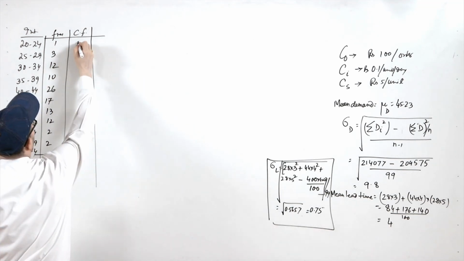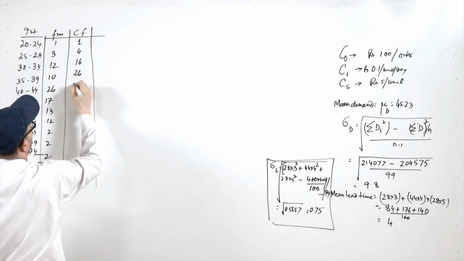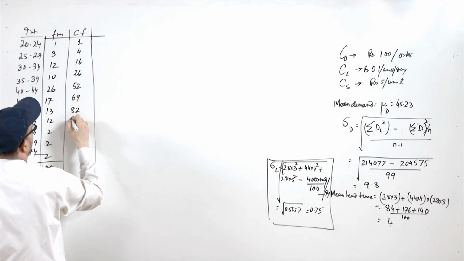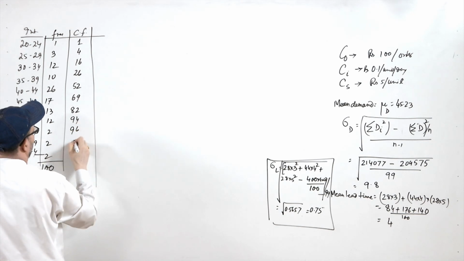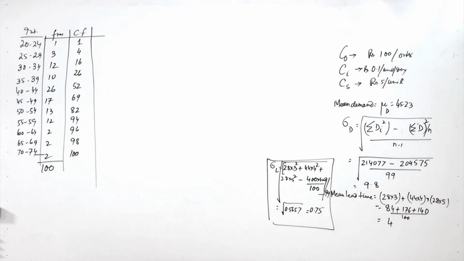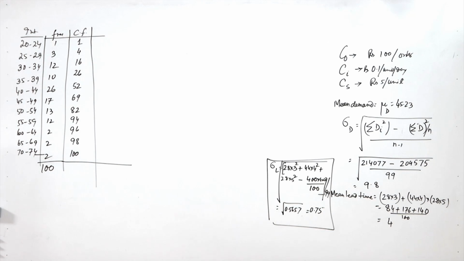So, the cumulative frequency will be like this: 1, 4, 16, 26, 52, 69, 82, then 94, 96, 98 and 100. Now you have to assign the random numbers for this simulation.